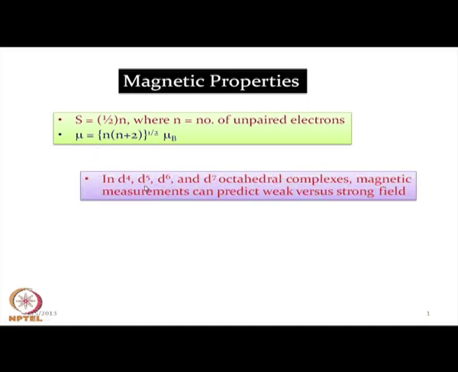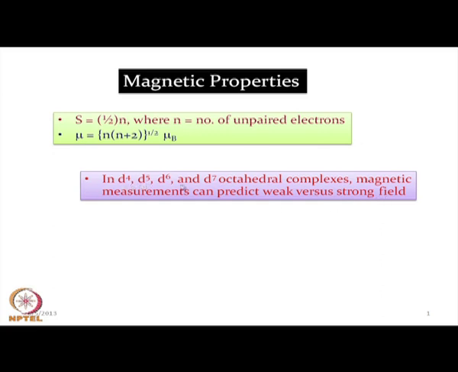So, if we have d4, d5, d6 and d7 electronic configurations in octahedral complexes, then magnetic measurements can predict the weak versus strong field for the available crystal field. This is the direct application of crystal field theory. That crystal field theory gives us two different forms, the weak field form and the strong field form.